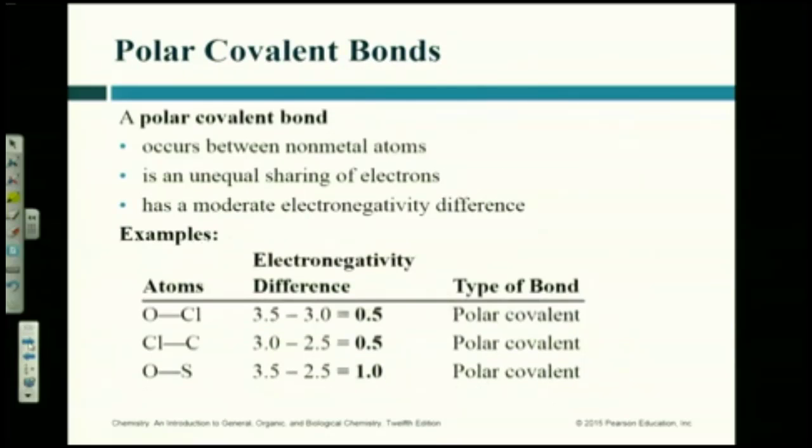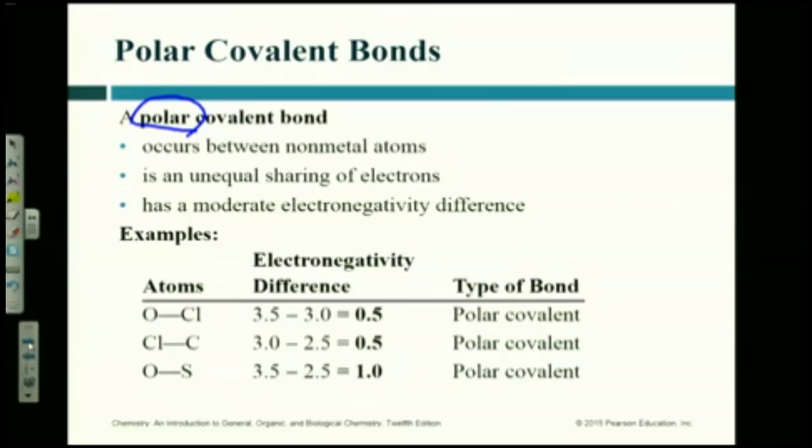Now, when the electrons are not shared equally, and that difference gets to be from 0.5 up to 1.8, this is now polar. The electrons spend more time with the atom that has a bigger electronegativity. Does that make sense?